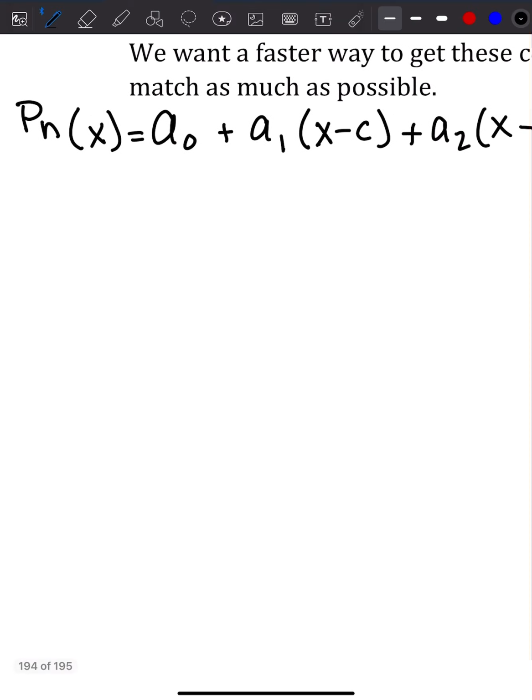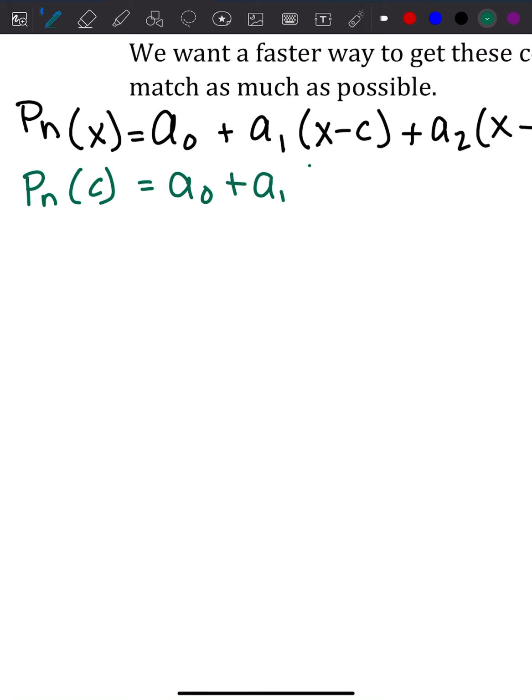So because we're looking at something centered at c, what we want to look at is p sub n of c. So we want to look at c being the number we plug in. And the reason why is when we do that, instead of x minus c, we get c minus c.